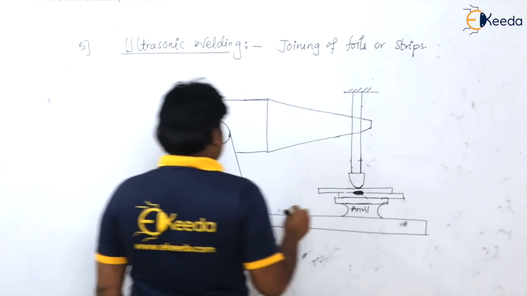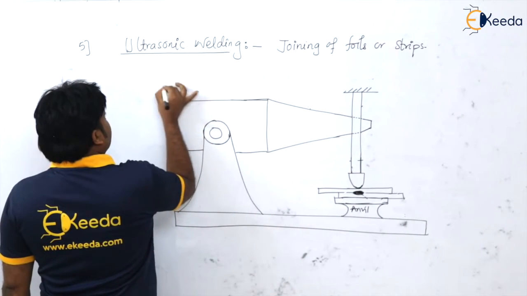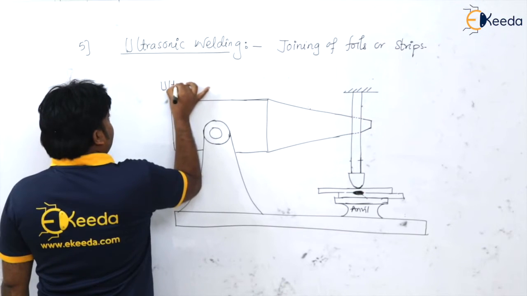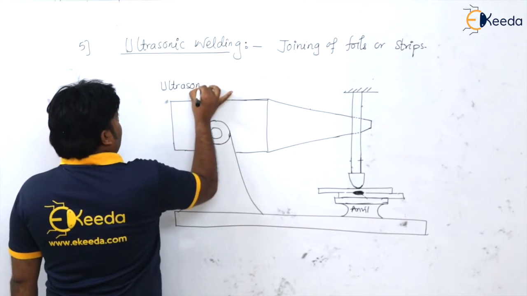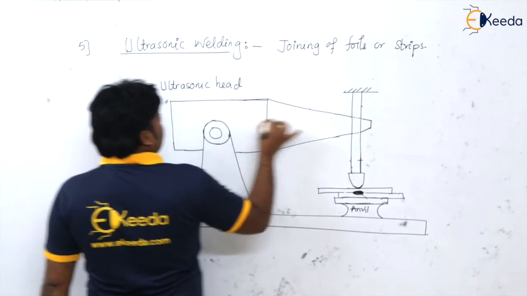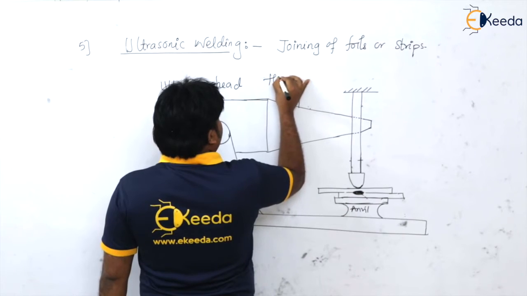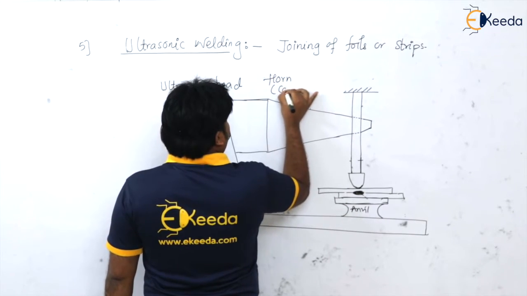Okay, so this is the schematic of the ultrasonic welding. This is the ultrasonic head. This is the horn or concentrator.